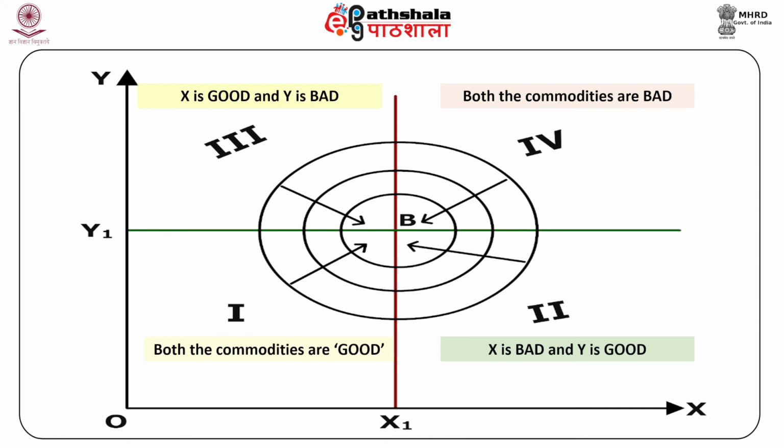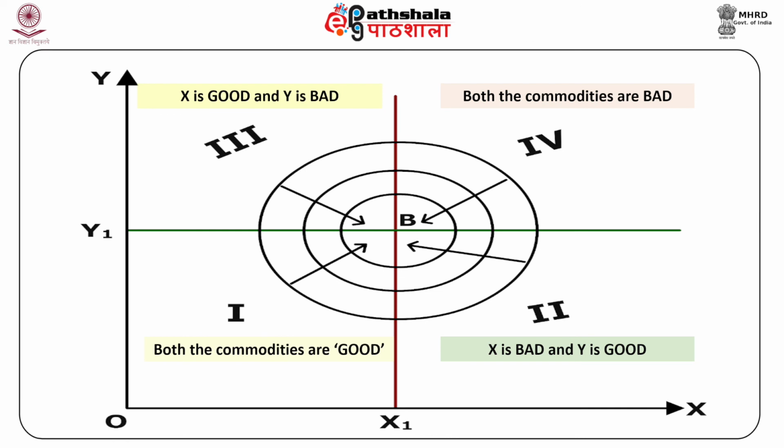Point B represents the highest satisfaction level that can be achieved under this condition. Therefore, it is the point of satiation or bliss. In the figure, different shapes of the indifference curve are shown in 4 possible situations. In zone 1, both commodities are goods, and thus the indifference curves have normal shape.